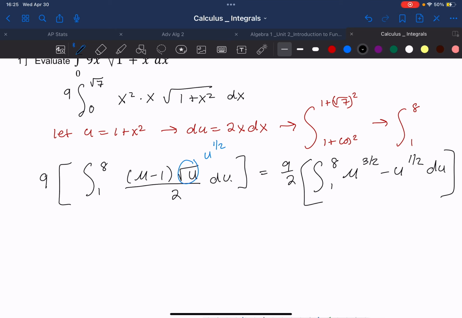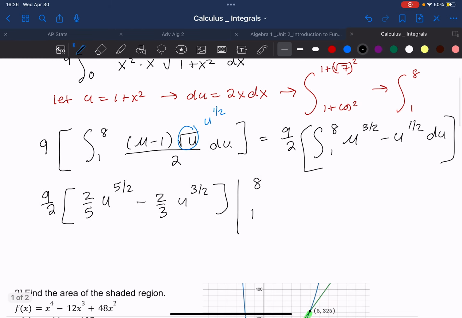So if I add 1 to 3/2, that is going to be the same as adding 2 over 2, which becomes 5/2. So now I have 9/2 times u to the 5/2, and if I divide by 5/2, that's the same as multiplying by 2/5. Okay. Doing the same thing for u to the 1/2 power, I get 2/3 u to the 3/2 power. And then now I'm solving this from 1 to 8.